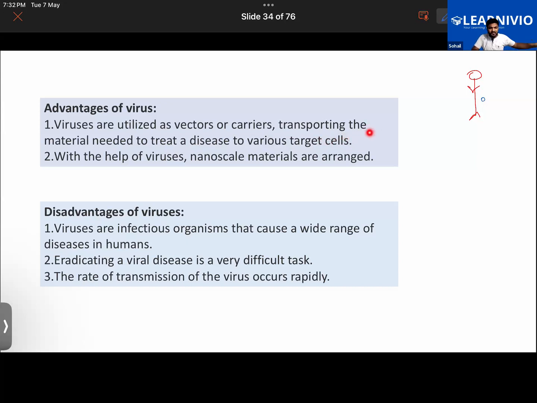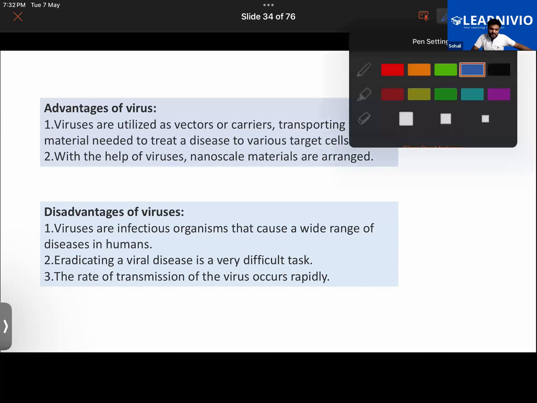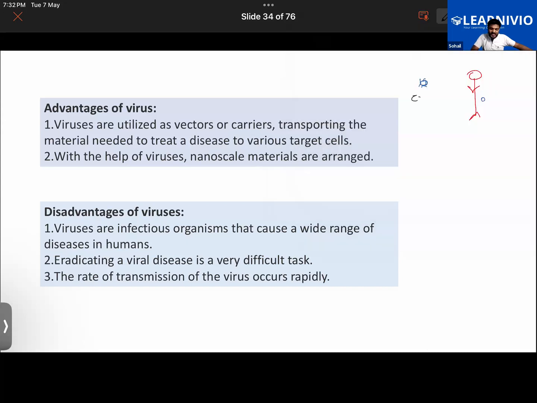Is it clear to everyone? Can you explain it again? No issue. Say that a particular organ in the body is damaged. The cells of this organ are damaged, and I want to provide some material to the cells of this organ. So what I will do, say this is your virus, and it will help you carry that material to the target cells.